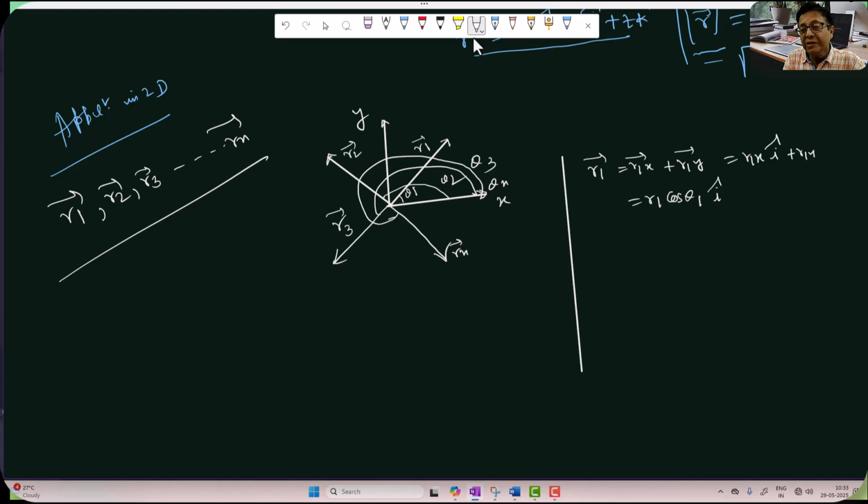If you write this, it is R1x i cap plus R1y j cap, R1 sin theta 1 j cap. This is number 1. We have written the R1 vector in terms of components, which we have discussed in this class. What is the R2 vector here?